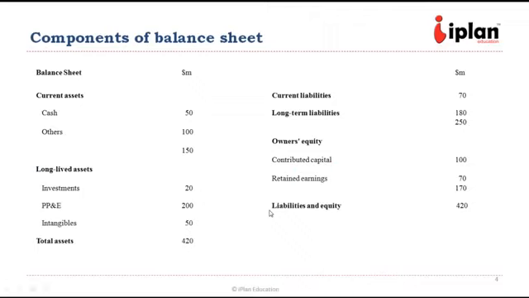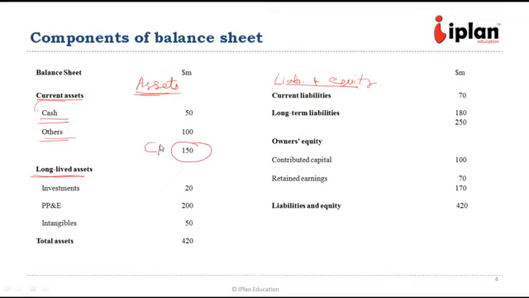So this is a simple balance sheet. On the left hand side we have assets. On the right hand side we have liabilities and equity. Under these assets we have current assets and long-term assets. So the current assets could be cash, and there could be other current assets, for example the inventory or accounts receivable, etc. And their summation is this.